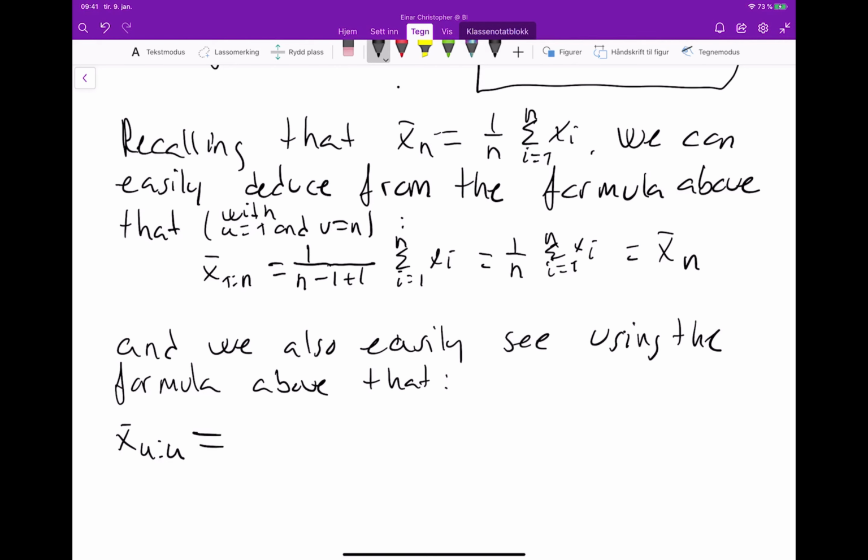So then we get 1 divided by u minus u plus 1, because here it is u and u.